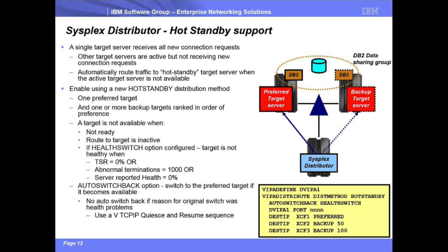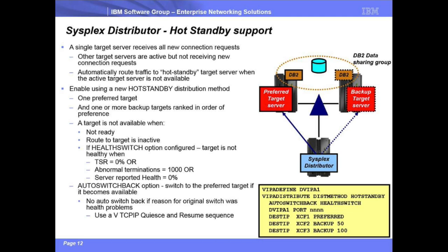Those are the commands that cause the application to be quiesced, which means removed from consideration as a distribution target, and then resume means we start fresh with that target, and even if the original reason why we stopped using the preferred target was because of health, we'll start to use it again.